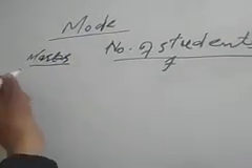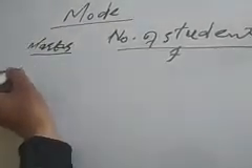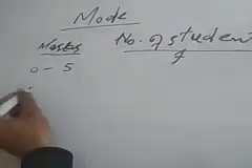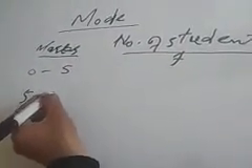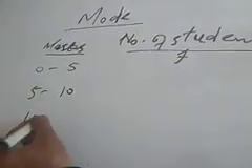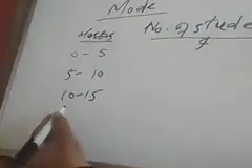Now let us find the mode in case of continuous series. Suppose once again the marks are in class interval form. Suppose 0 to 5, 5 to 10, 10 to 15, 15 to 20.